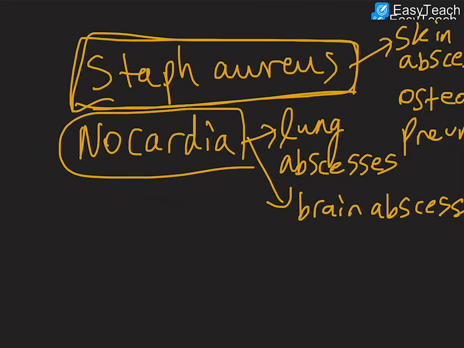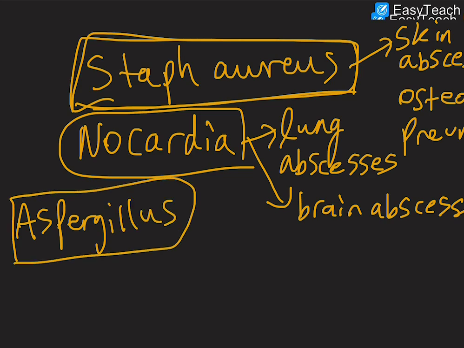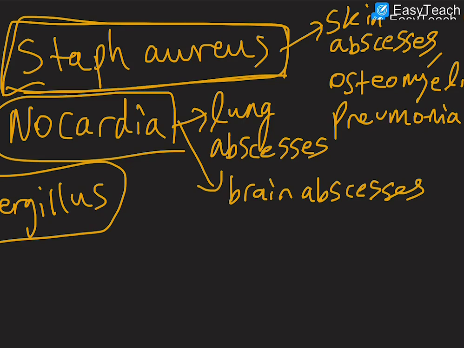Next organism, Aspergillus. Okay, Aspergillus. This is a fungus, right? As we know, people with chronic granulomatous disease again are at an increased susceptibility of getting Aspergillus infections. Why? Because Aspergillus is catalase positive, which means Aspergillus will degrade its own hydrogen peroxide.